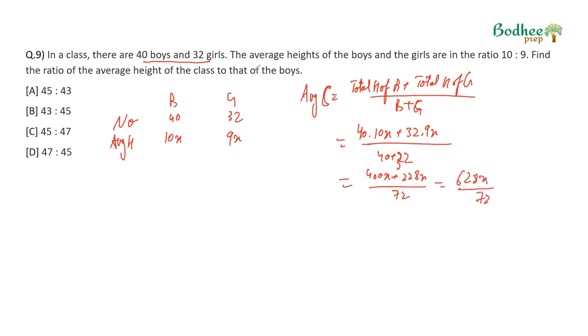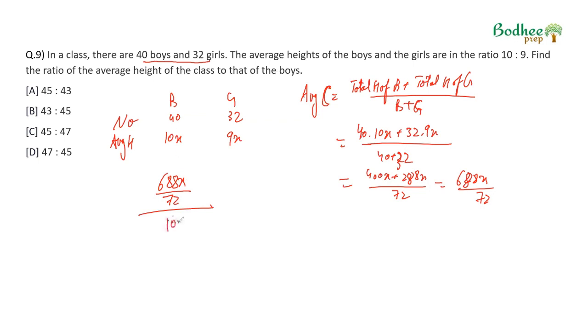This is the average of the class. We have to find the ratio of the average height of the class to that of the boys. 688 upon 72.